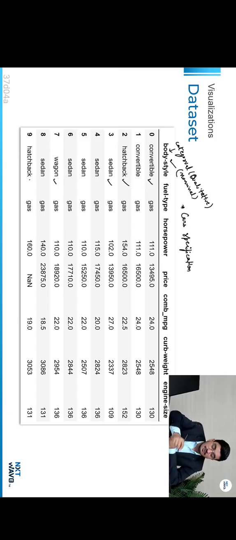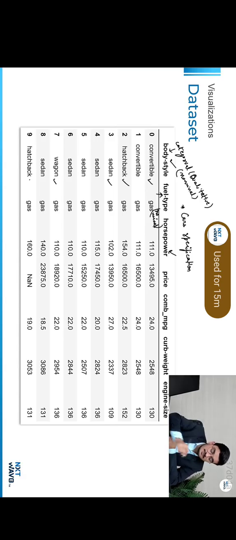Because there is no order to the type of body a car can have, right? Now let's talk about fuel type. Fuel type also will be categorical type of data because there we have categories like gas, diesel, petrol, all these, right? And here also it will be nominal data because there is no order to the type of fuel.